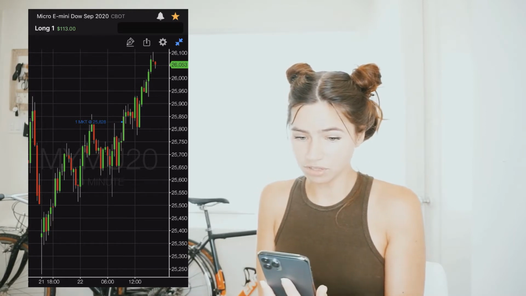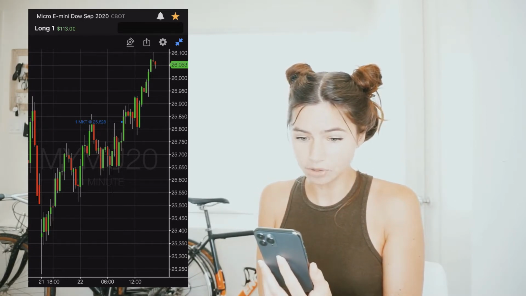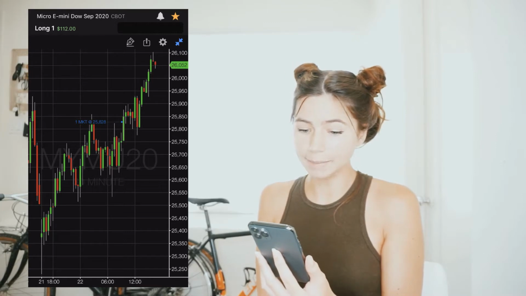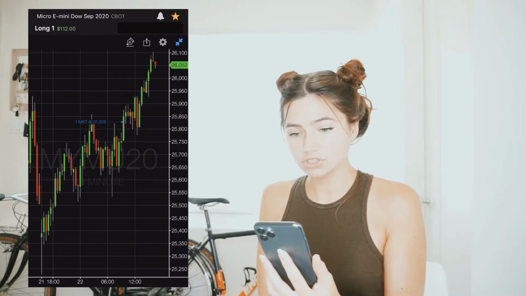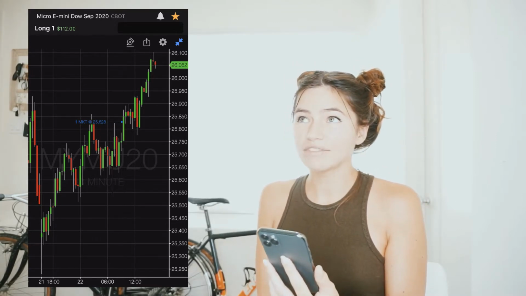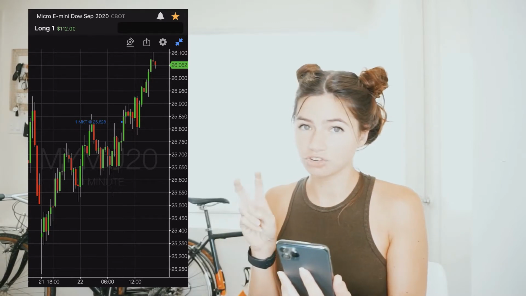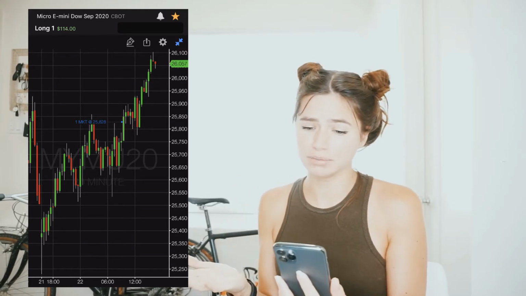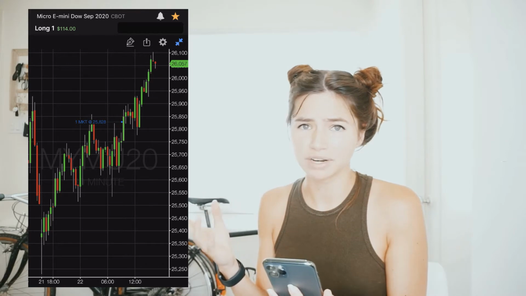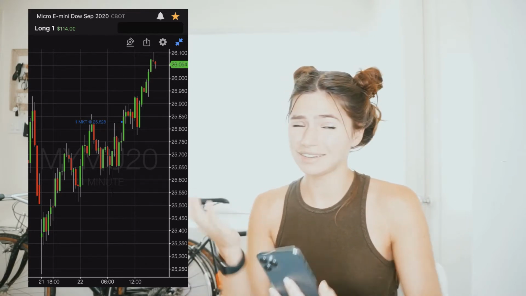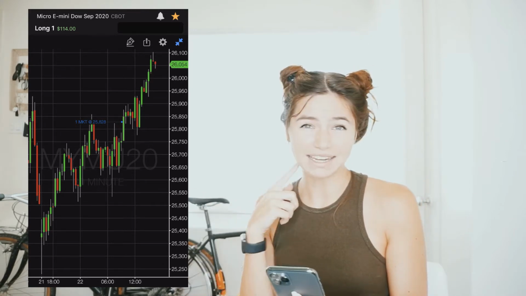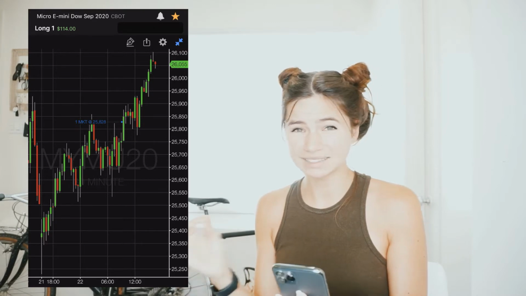First of all, this symbol is MYMU20. For futures, you have to change your contract. Also, another PSA: if I say anything wrong here, it's not because I'm a novice, it's just because I didn't learn every single correct lingo.